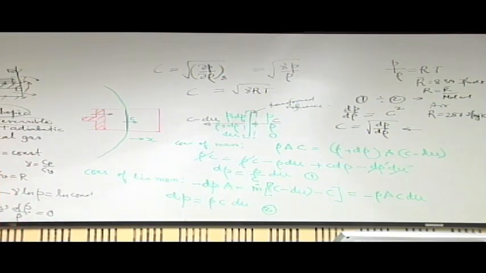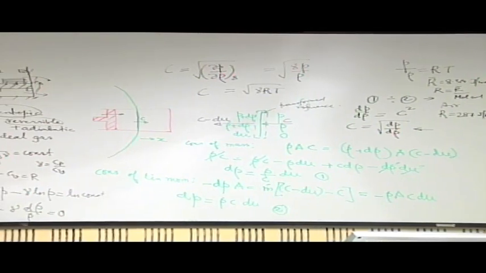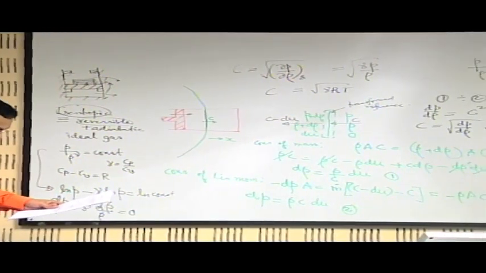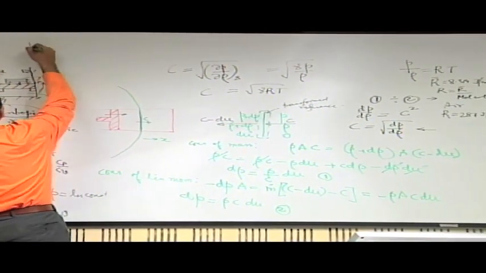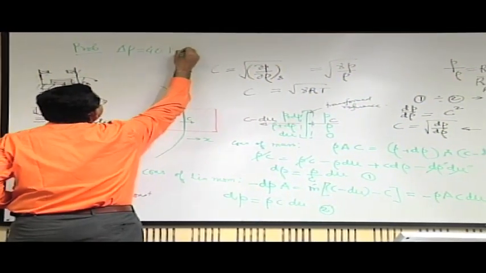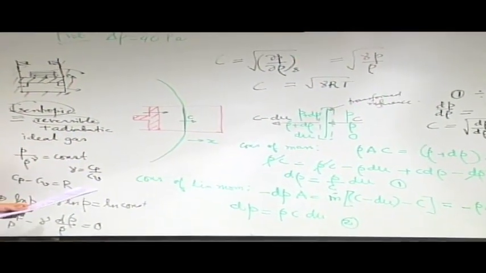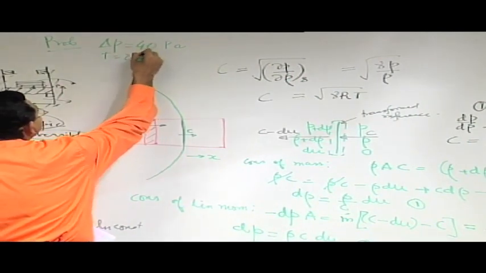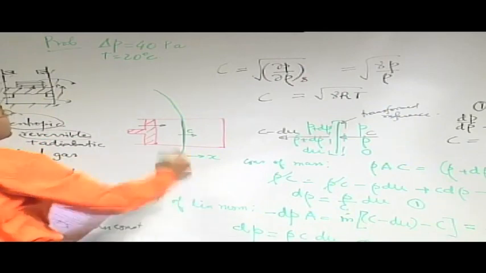Now let us work out a very simple small problem to just illustrate some of the facts that we have discussed till now. So the problem is like this: a weak pressure wave, which is a sound wave, with a pressure change of delta P equal to 40 Pascal, propagates through still air at 20 degree centigrade and 1 atmosphere.